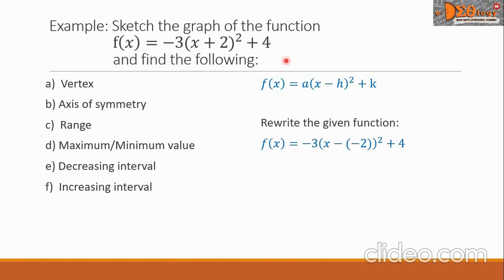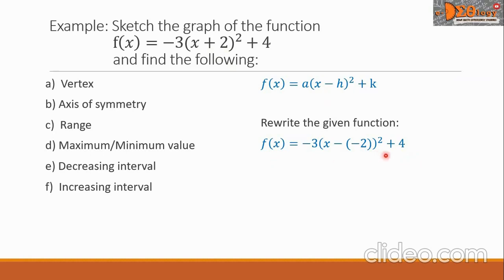We are going to copy exactly the same except for this plus 2. Since the standard form is written x minus h, we are going to rewrite this plus 2 as x minus negative 2. And the rest of the function will be the same.